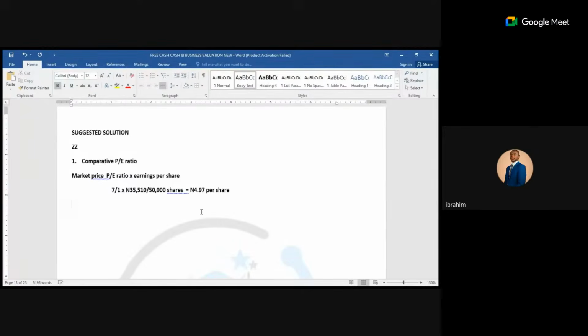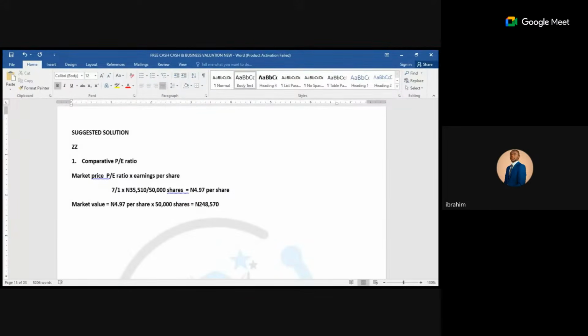So market value equals, you just multiply it by the number of shares. 4.97 per share times the number of shares, 50,000 shares. So what do we have? 248,570. Okay, that's fine.